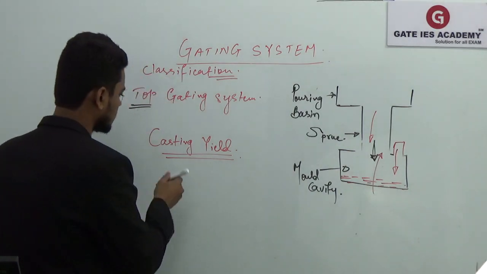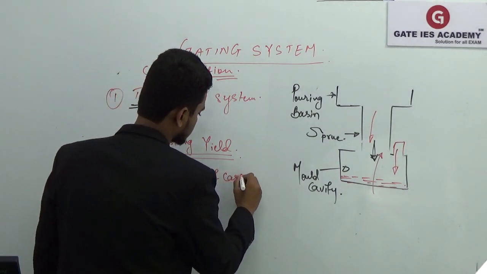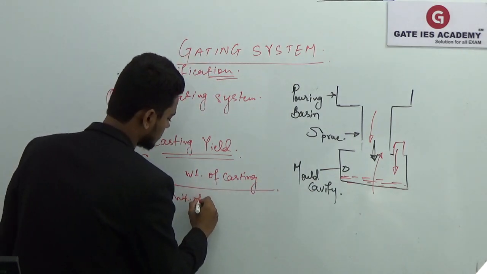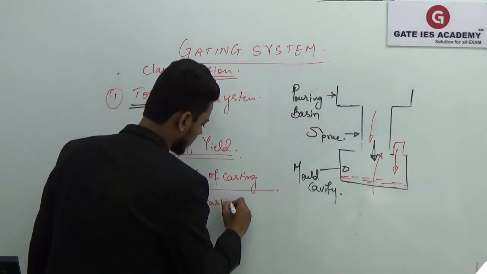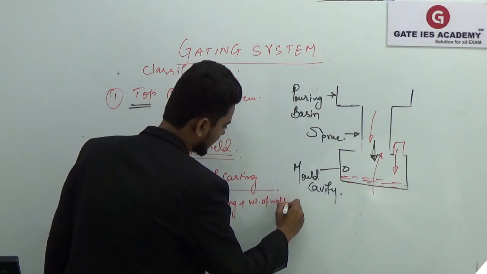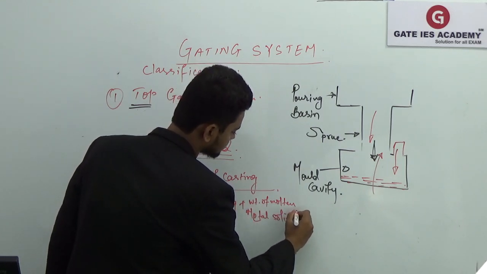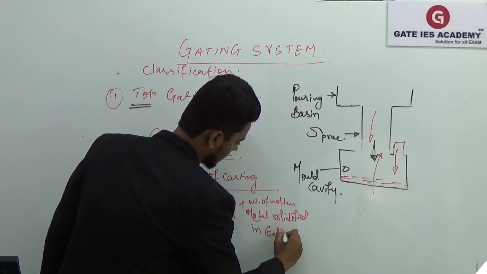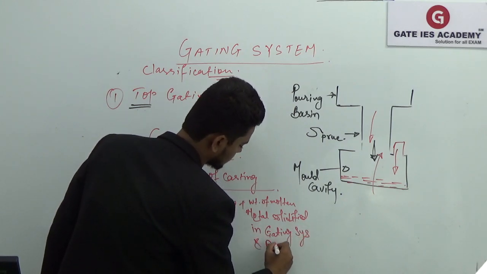So casting yield is the weight of casting upon the weight of casting plus the weight of molten metal solidified in gating system and riser.